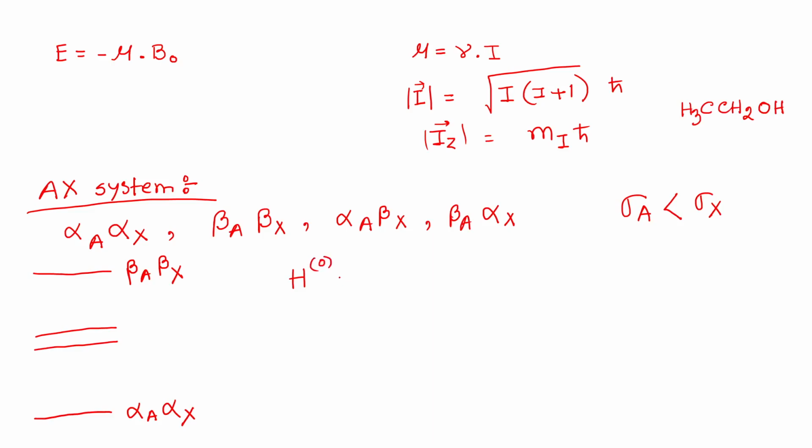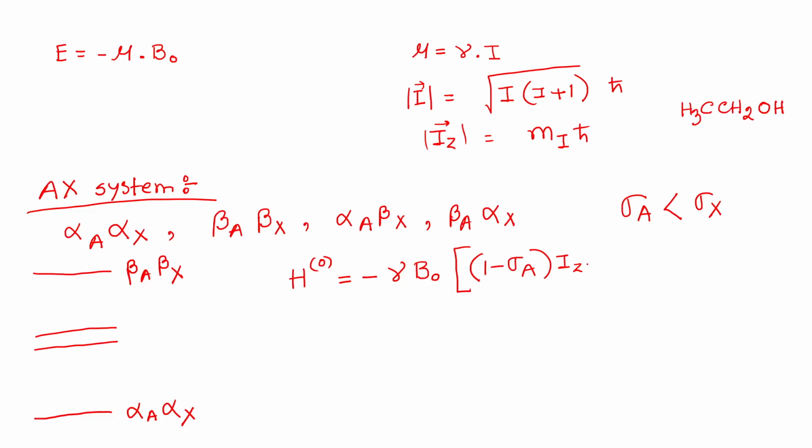So the unperturbed Hamiltonian is written in terms of gamma, your gyromagnetic ratio, then your B0 applied magnetic field, and then (1 minus sigma A) I_Z of A. As we already discussed, the magnetic field is applied along the Z axis.